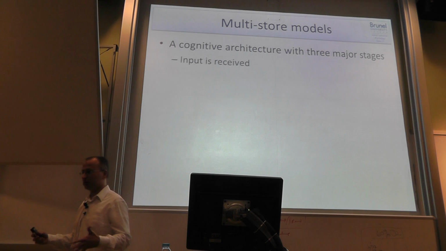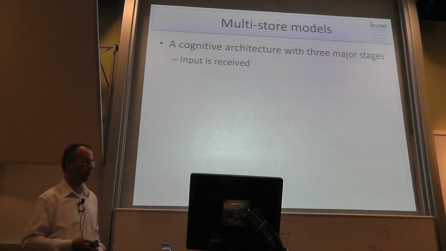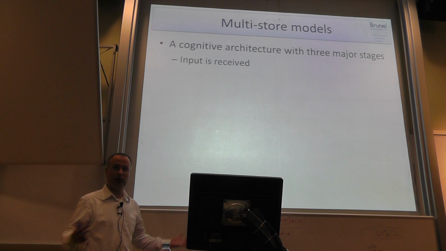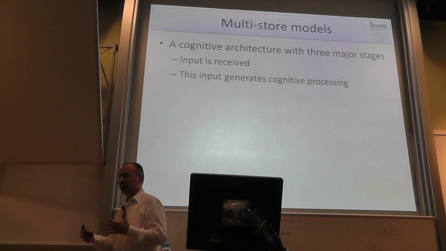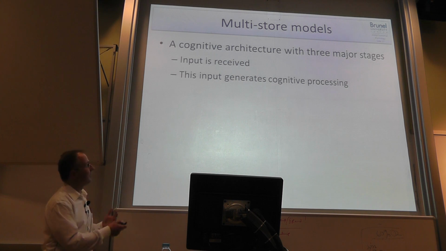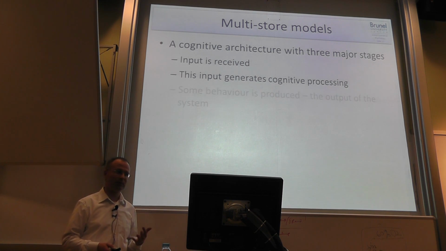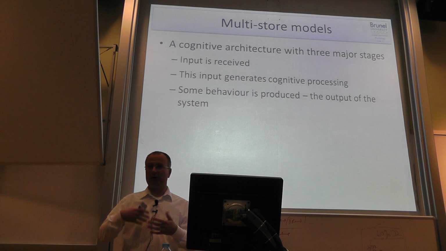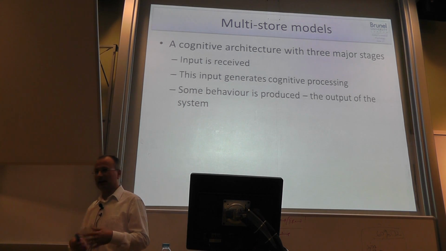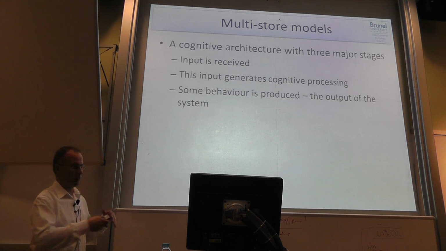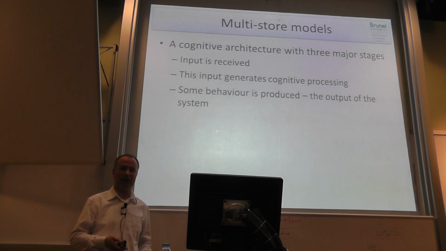The first stage, as you have seen a lot of times, input is received from the outside world. This input then generates some type of cognitive processing, and finally we produce some output, behavior, by that. And that is one of the key things our mind is actually doing.